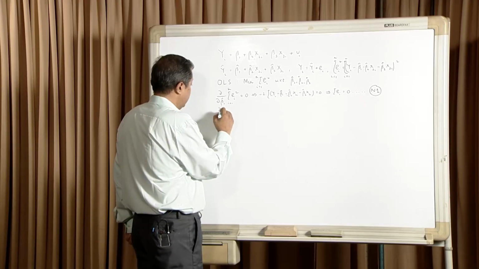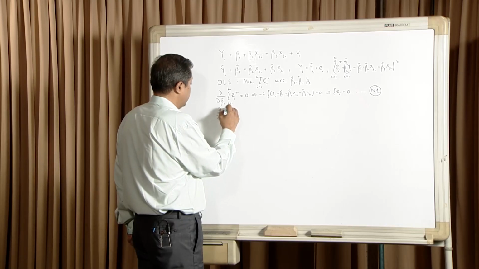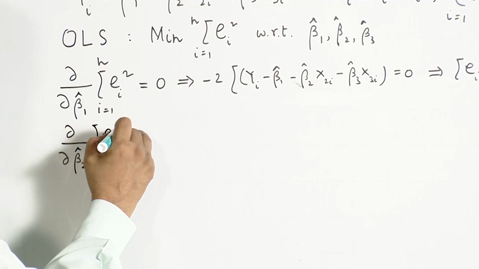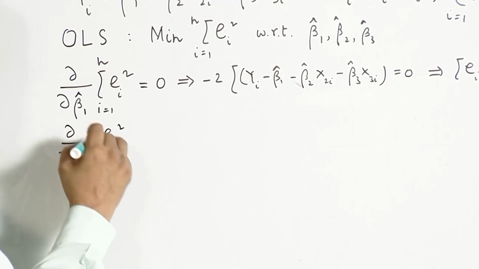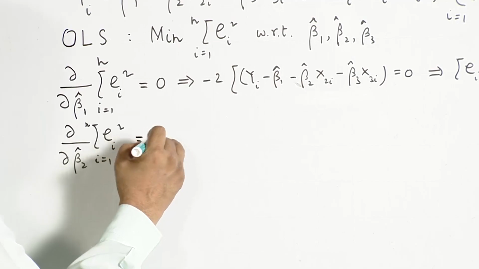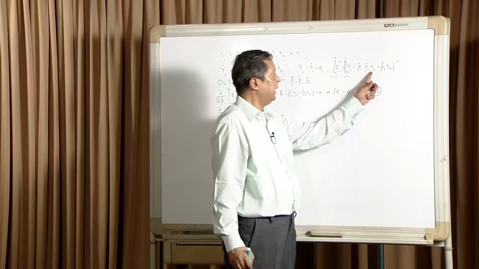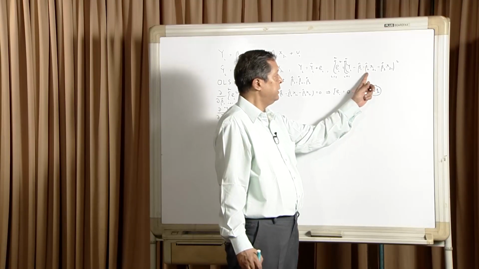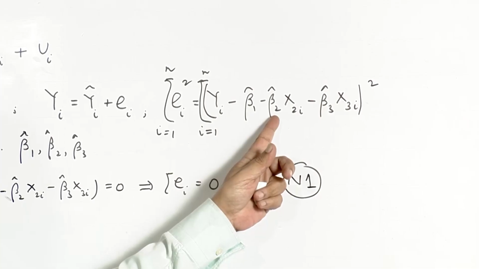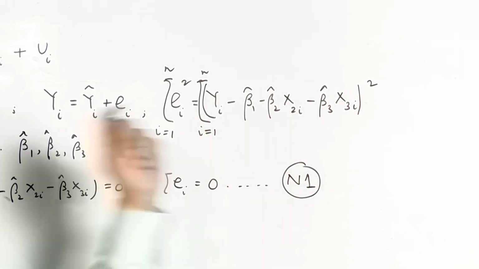Second partial is with respect to beta 2 hat, and we write del by del beta 2 hat of summation e i square equal to 0, which implies we have this x 2 i, and when we take the partial derivative with respect to beta 2 hat, we will get a 2 with a minus sign and x 2 i.